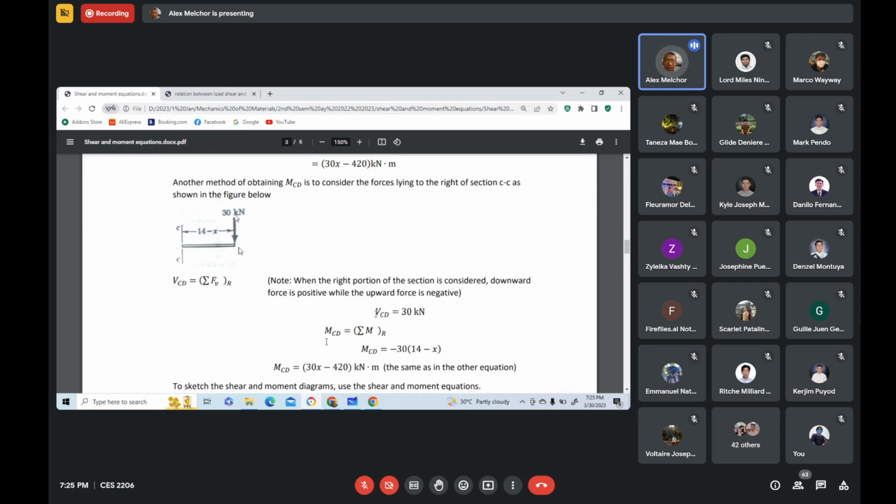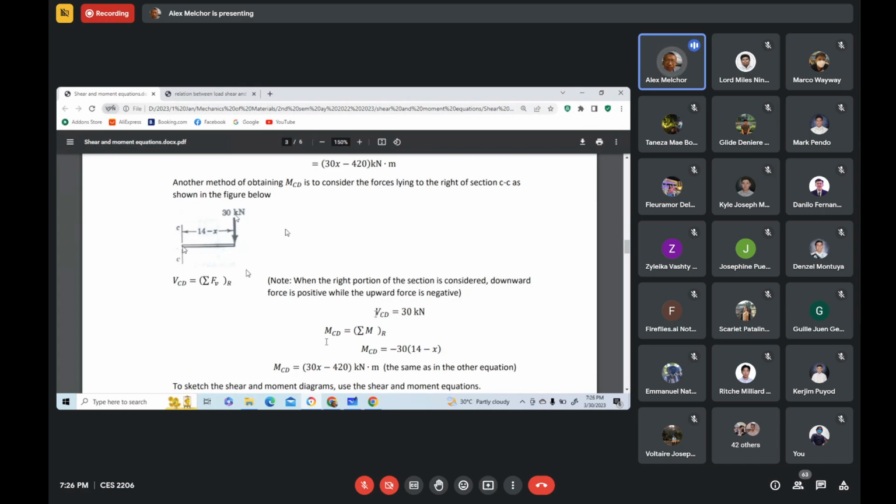And also the moment equation for segment CD, you sum up moments about the centroidal axis there, perpendicular to your monitor. And regardless of the portion you consider, either to the left or to the right, always remember an upward force will cause positive moment, downward force will cause negative moment.